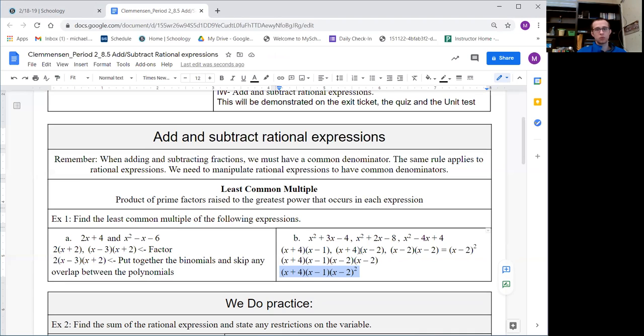Now notice that I don't double up on the x plus 4s, because its highest power between these two is a 1, invisible 1 up top. But on the other hand, this one over here has 2, right? Its highest power is 2, so I had to use 2 of them, there and there.